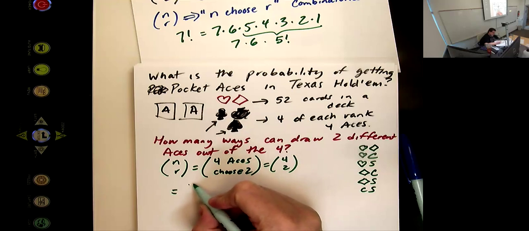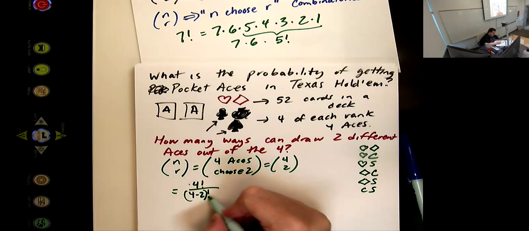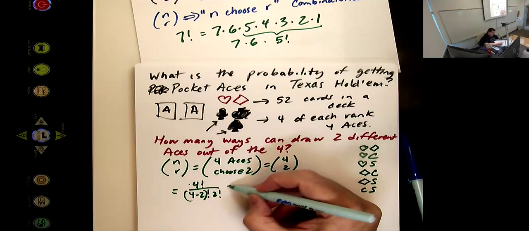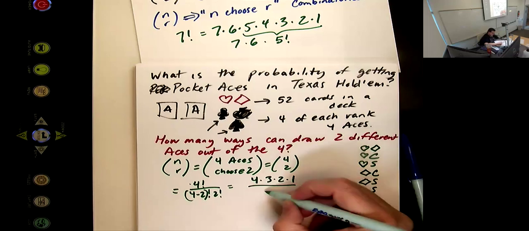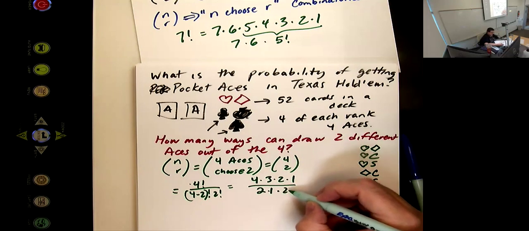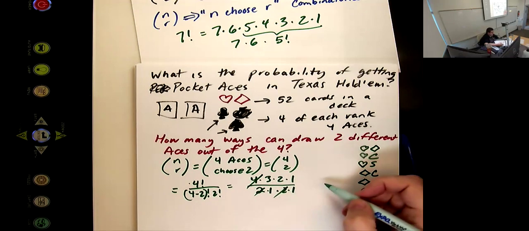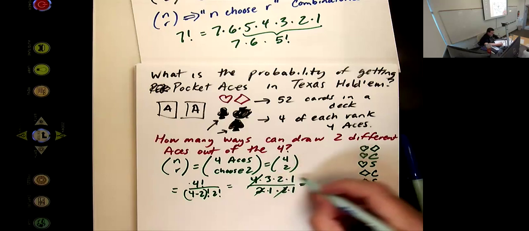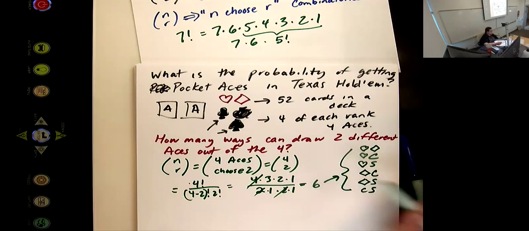So we've got 4 factorial over 4 minus 2 factorial times 2 factorial. This is simple enough. I get 2 factorial and 2 factorial. The 4 just cancels with the 2's on the bottom. I'm left with 3 times 2 is 6. 6 ways to make pocket aces, that's not probability though.